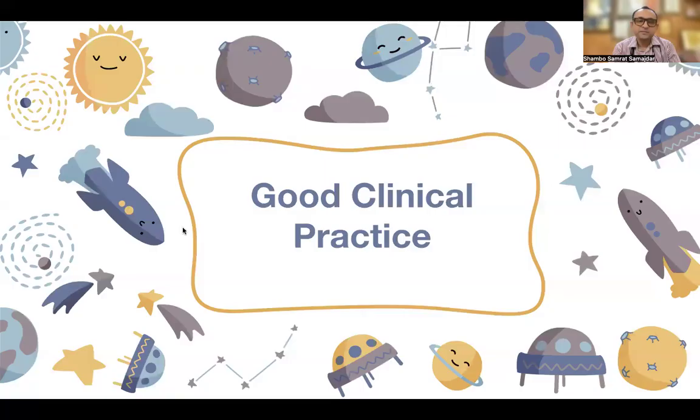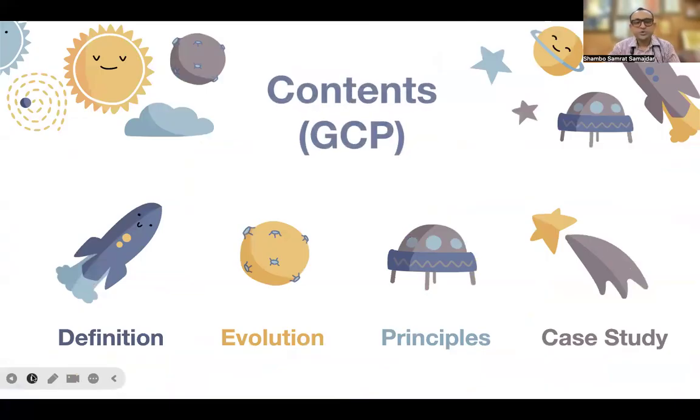And I think this good clinical practice guideline is very crucial for all of us, especially when we talk about clinical research. There is no alternative to good clinical practice. So today we will discuss these 4 agenda items for the next 30 minutes.